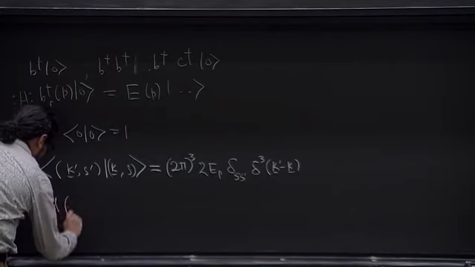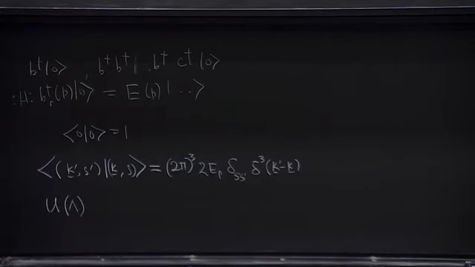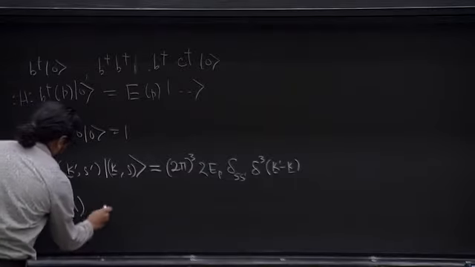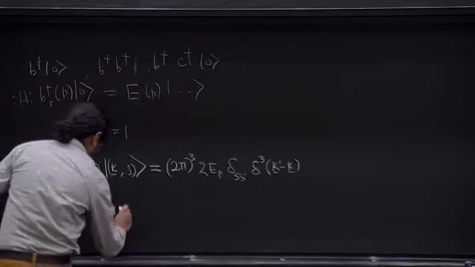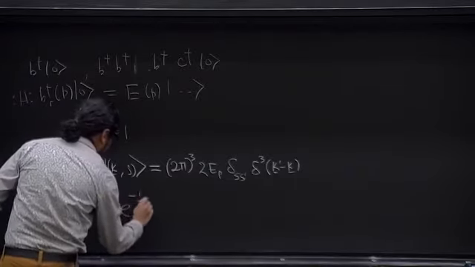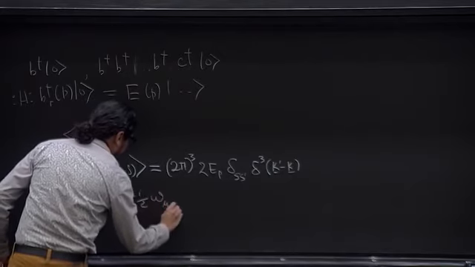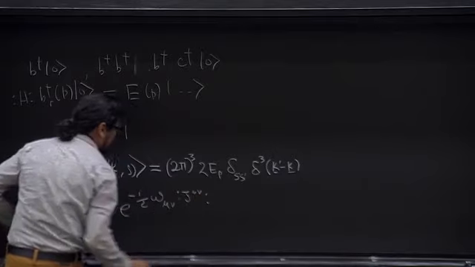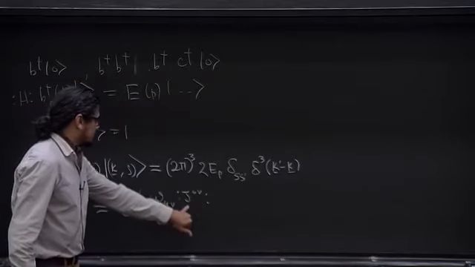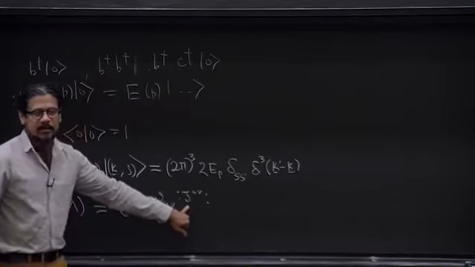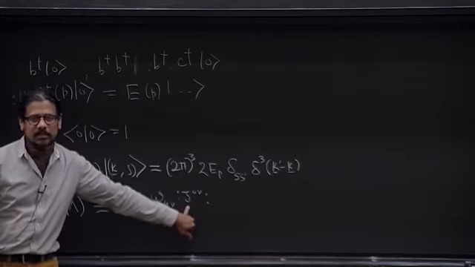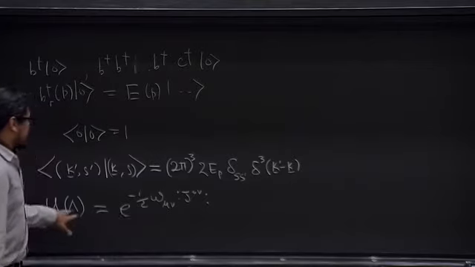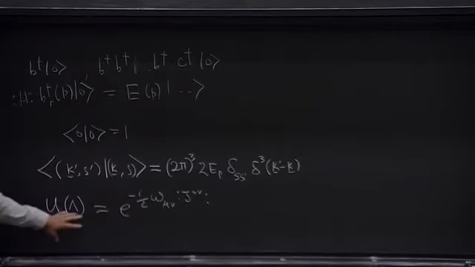So you can now construct the unitary operator which implements the Lorentz transformation, and it will have the form e to the power minus i by 2 omega mu nu J mu nu. And remember the conserved charges that we derived, or I mentioned, as a result of the Lorentz transformation. If you compute this, you can show that this is a unitary operator.